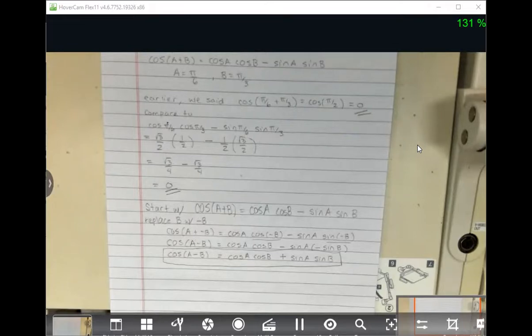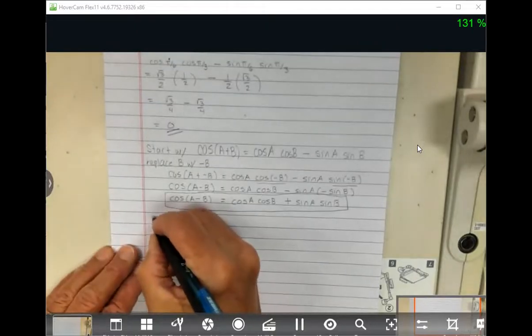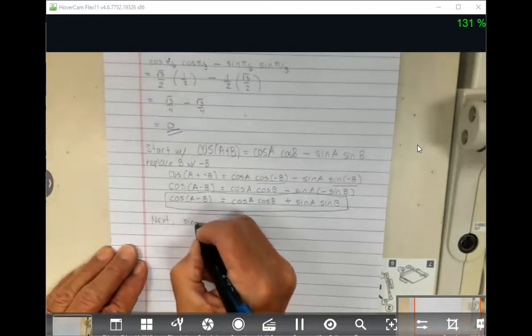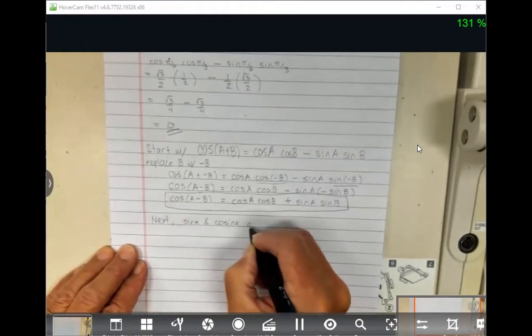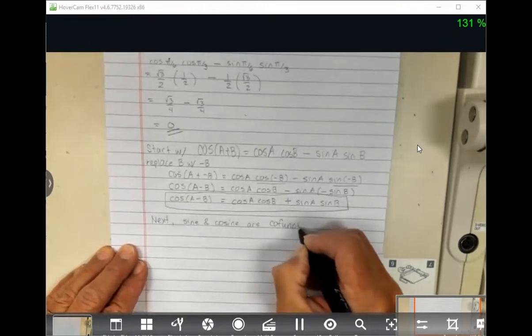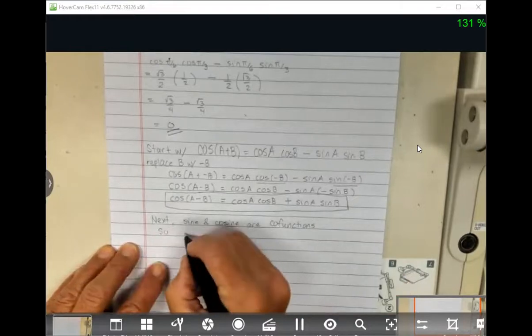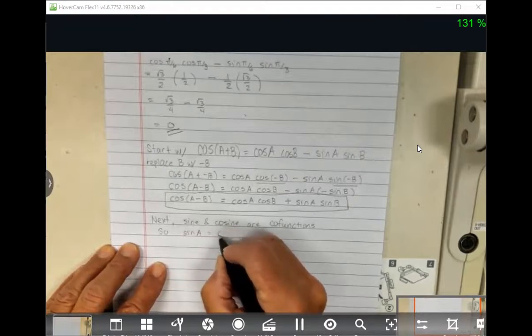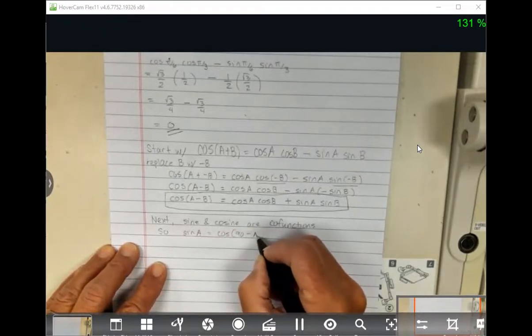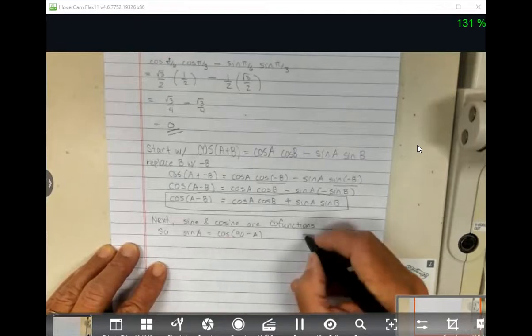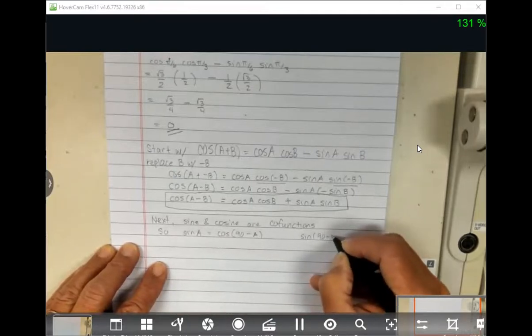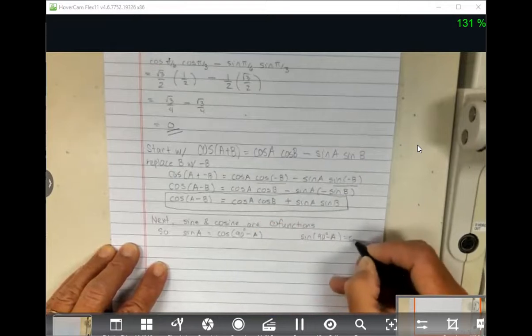Cosine of A is the same as the sine of 90 minus A. And the sine of A is the same as the cosine of 90 minus A, and vice versa. Sine of 90 minus A is the cosine of A.